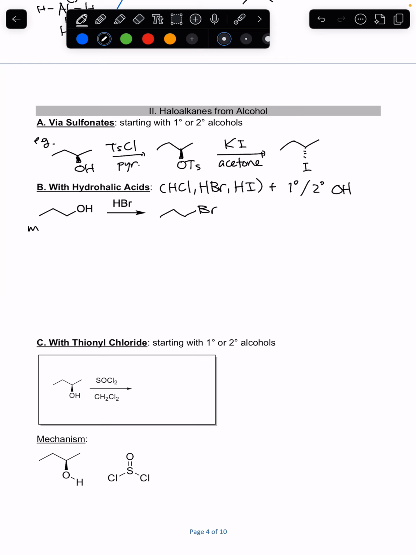How does the mechanism go? Well, remember that hydrogen bromide is a strong acid. Strong acids do the same thing in organic chemistry that they did in general chemistry. They just simply protonate, right? Or donate a proton. So it does to the lone pair.